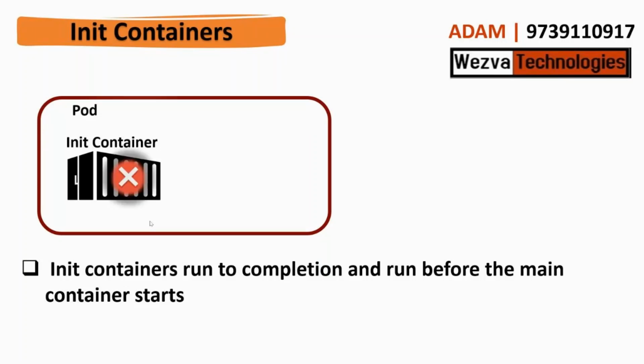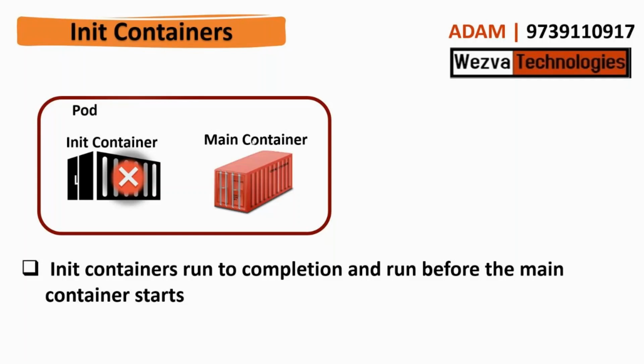And then inside this pod, the main container will be created and started. So this is how, in this pattern, when you have a main container with init container, first the pod will create the init container, run whatever you want in it, and then after the init container gets stopped, it will go and start the main container.